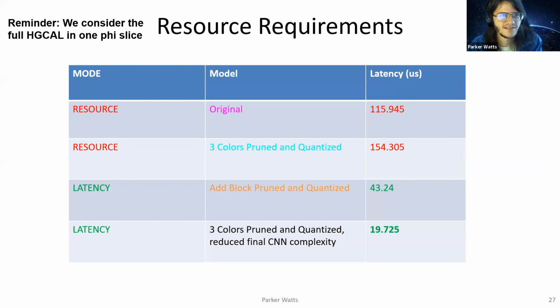So I've just put everything in a table here. You can see the model, and I put the best models we had. And then you can see the latency on the FPGA. And this mode is part of the HLS-4ML package.